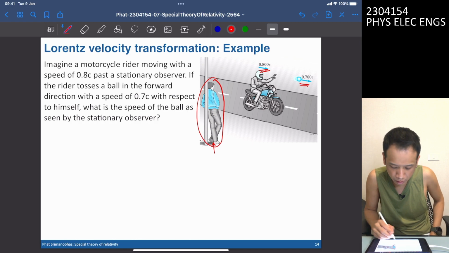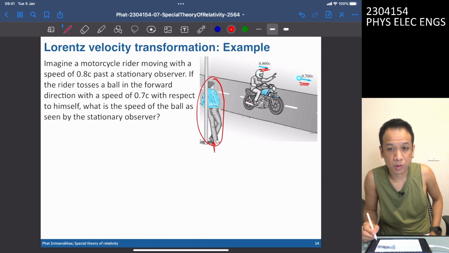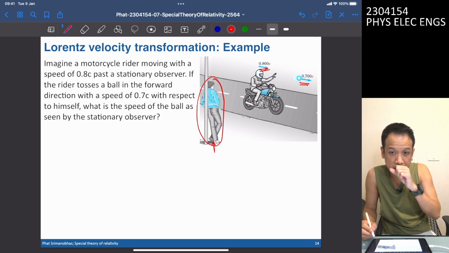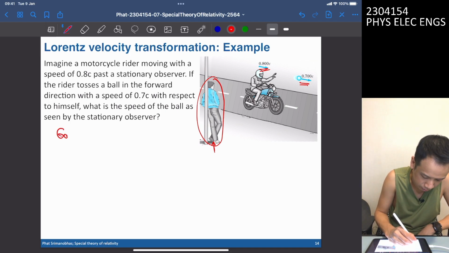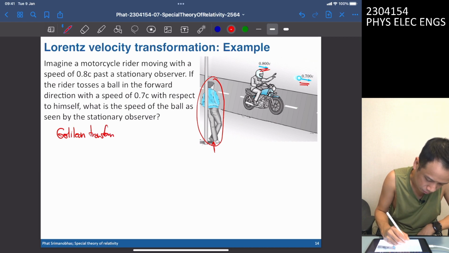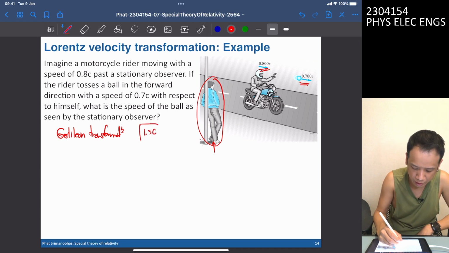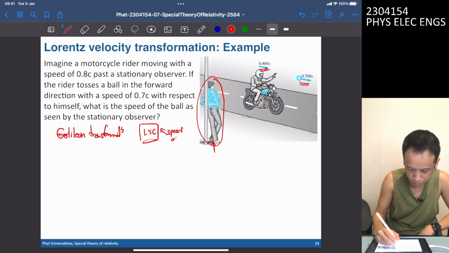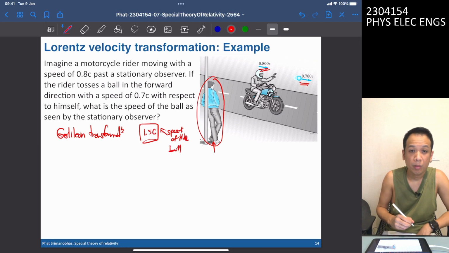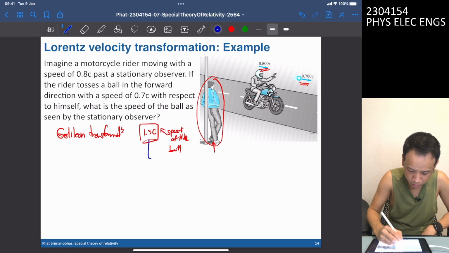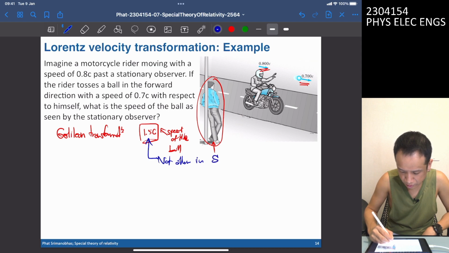However, for this person standing here, with the Galilean transformation, he will see 1.5 c, right? This is the speed of the ball. But this is not allowed in special relativity.